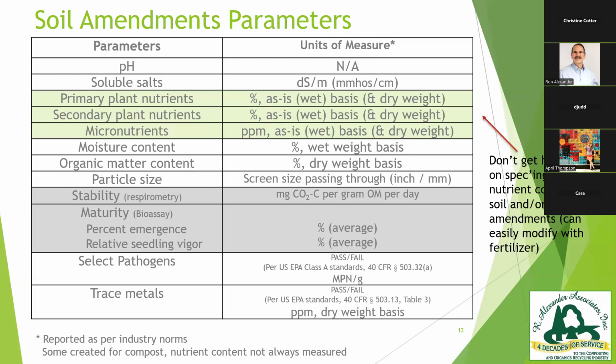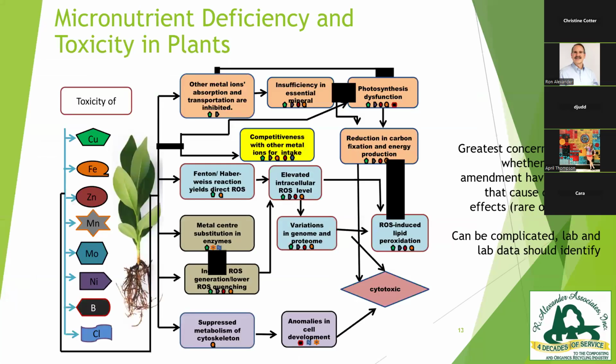Some of the other parameters are much more important. The key thing with nutrients is to make sure that you don't have some crazy volume of some micronutrient that is known for causing deleterious effects to plants. But I show this slide just to mention it. This is not what typically happens.